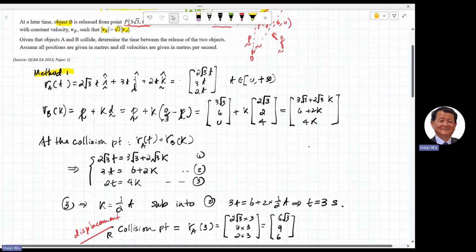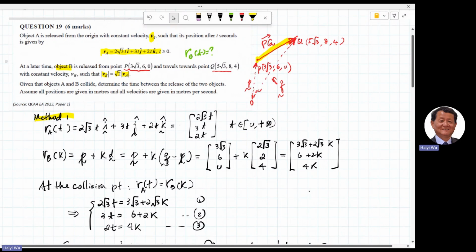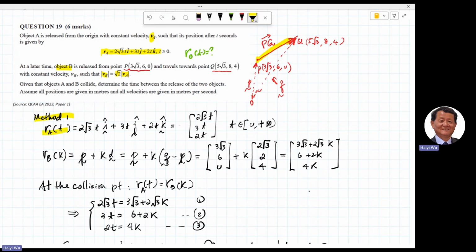Both are pretty long, so I'm going to pre-solve them and go through quickly. First I'm going to write RA, using the given function, in column vector form. That's pretty simple.